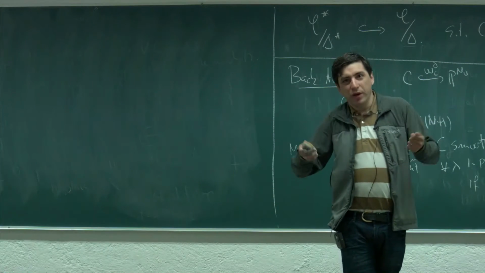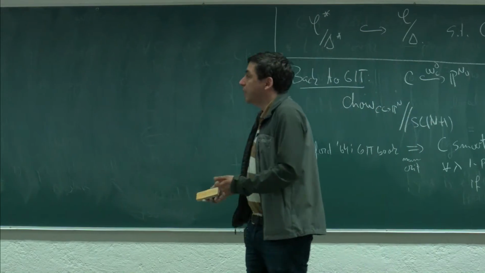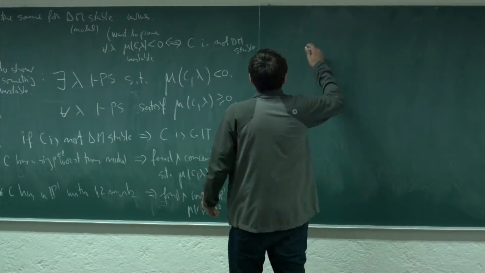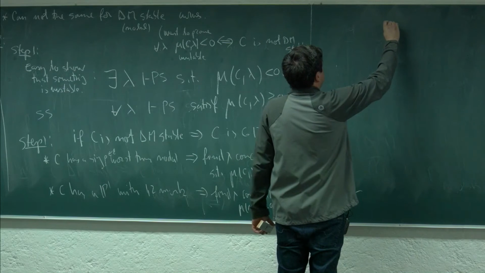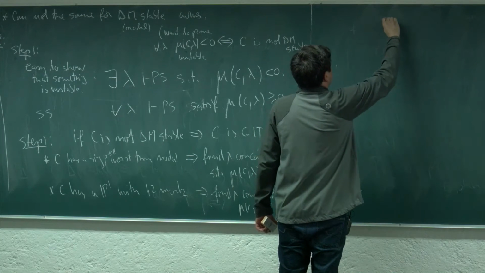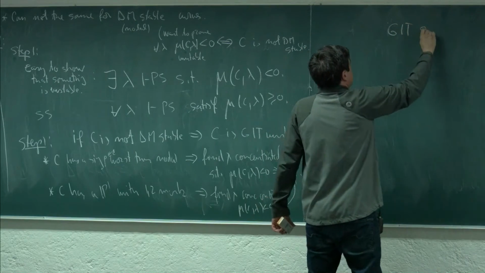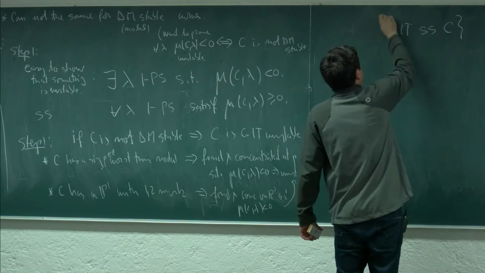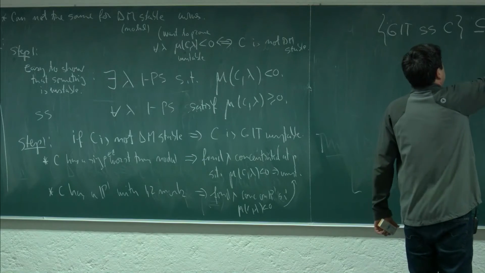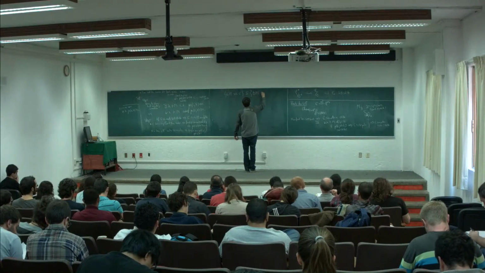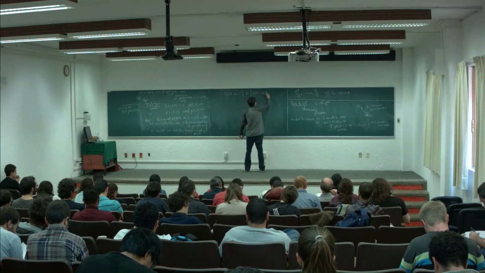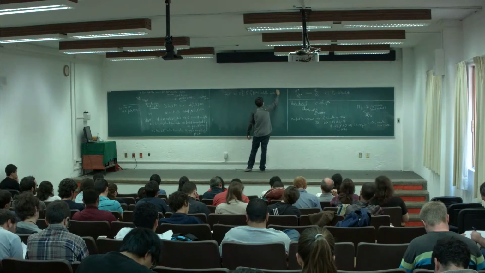It's very complicated, and I will not write it down. So what we prove is that GIT semi-stable curves are included in the Deligne-Mumford stable curves.